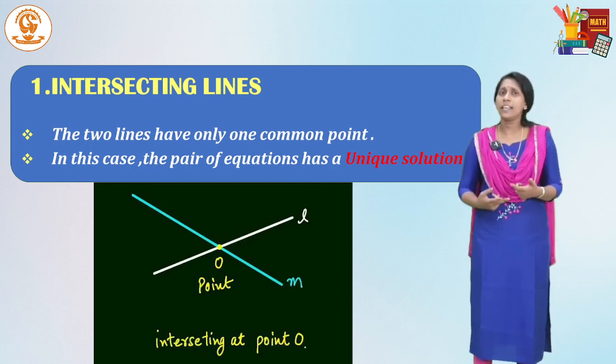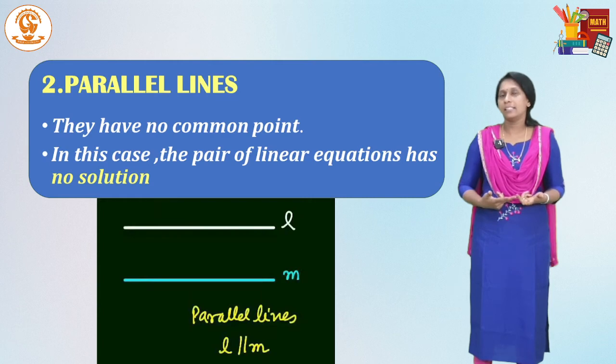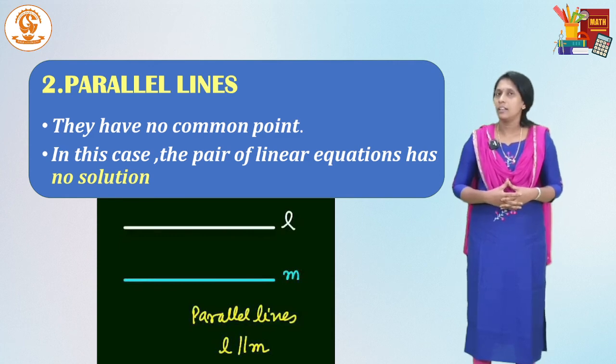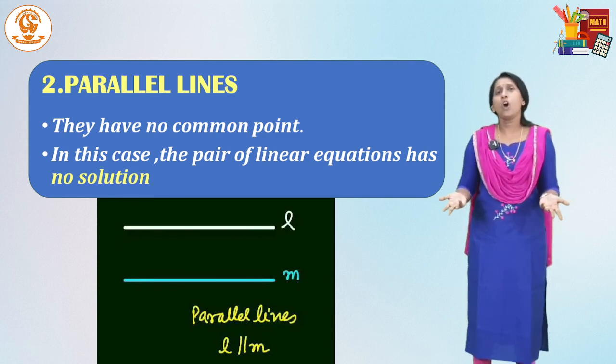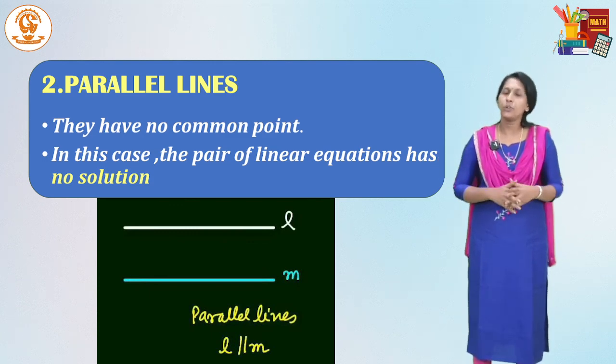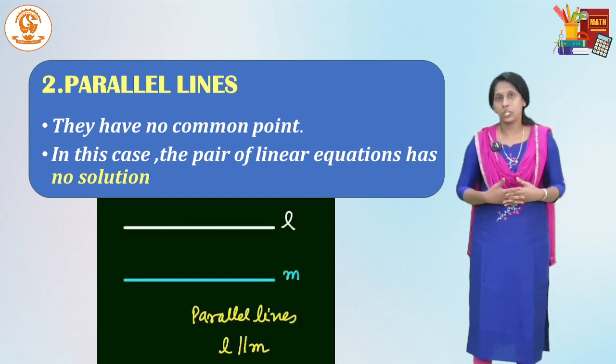Okay, what is the second case? Parallel lines, isn't it? Parallel lines mean they have no common point. Since they have no common point, the pair of equations will have no solution. Very good. There will be no solution for the pair of linear equations.